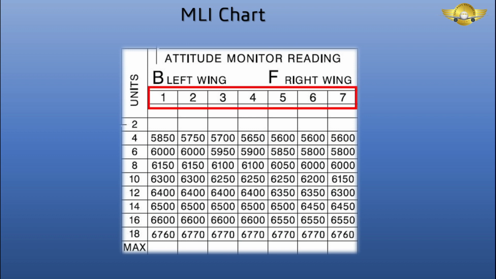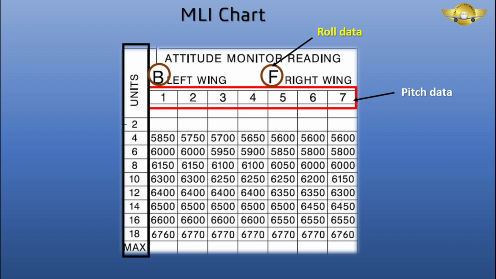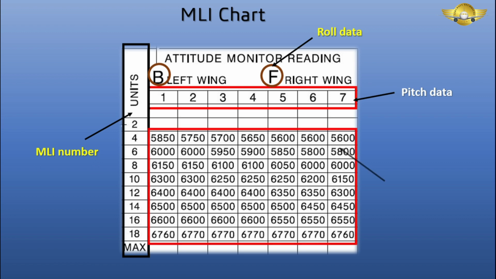Numbers 1 to 7 are pitch data. Letters B and F are roll data. Unit 2 to max is the MLI number, and all these numbers are fuel volume.